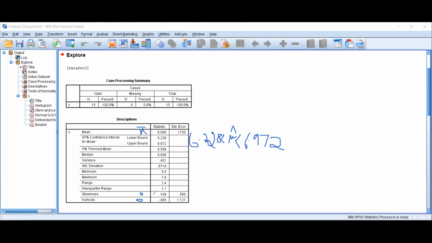So I can have a perception of this. This is the standard error. What is standard error? Standard error is sigma upon root n, for the sampling distribution of the mean. But in this problem, as sigma is not given, it is s upon root n. So how is standard error computed?